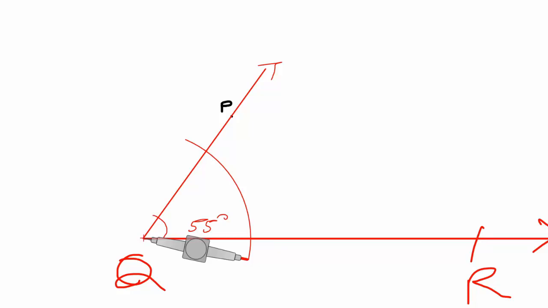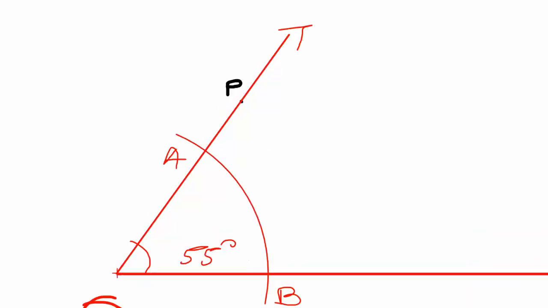Intersecting the ray QP and QR. Give the name. Here is the point A and this one is the point B. Put the pointed tip on point A as shown here. Draw the mark inside the angle.